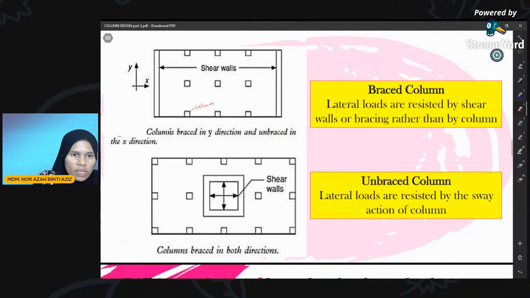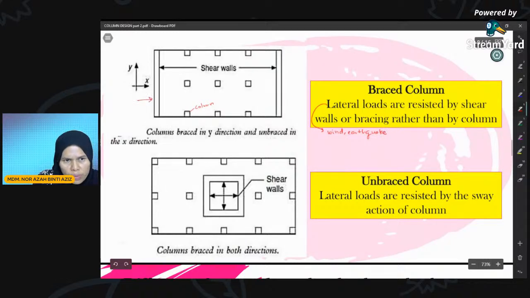You see, in y direction, the shear wall is located in y direction, so in y direction the columns are braced. Because of what? Lateral load. Examples of lateral load are wind and earthquake.